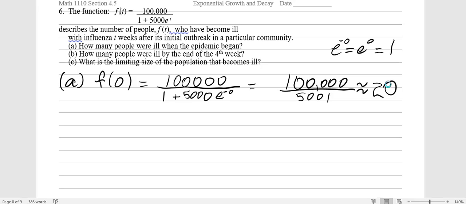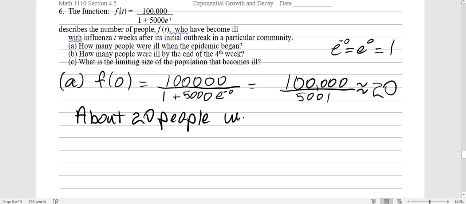So about 20 people were ill initially. So about 20 people were ill when the epidemic began.